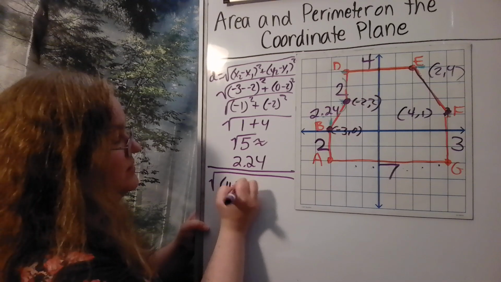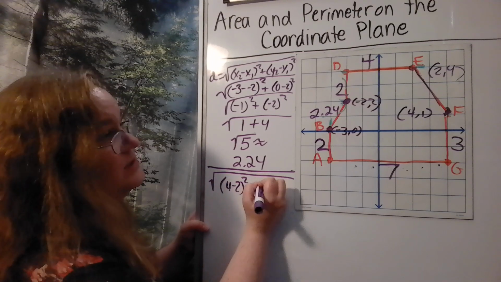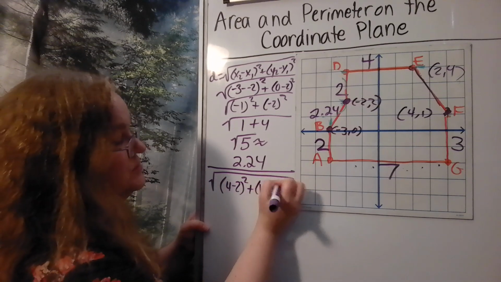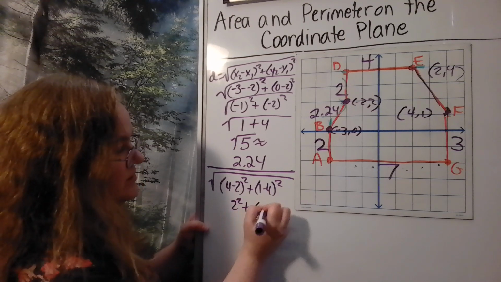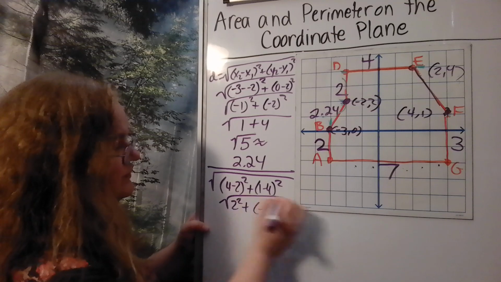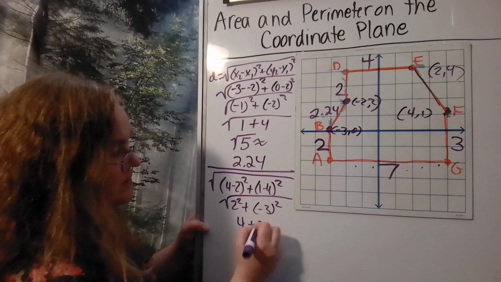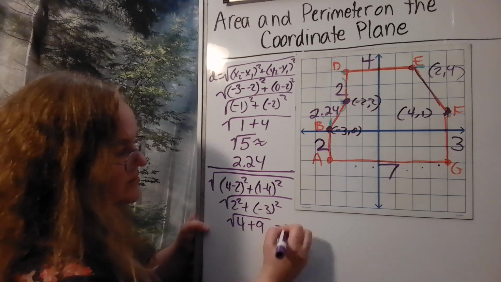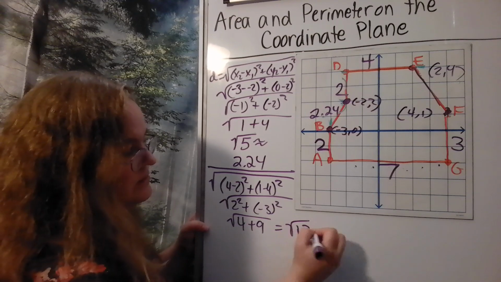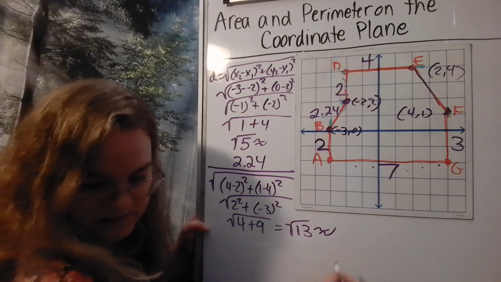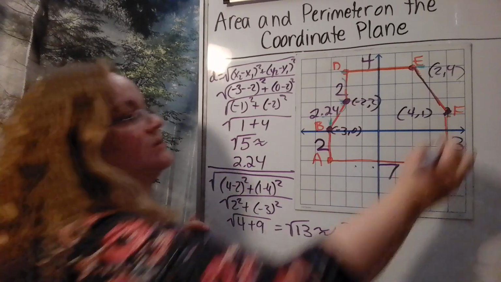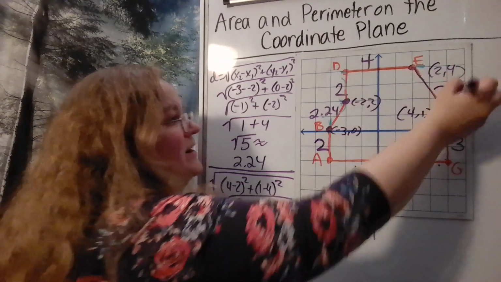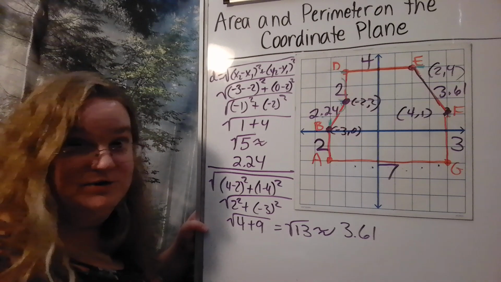So 4 minus 2 squared plus 1 minus 4 squared. And so that gives me 2 squared plus -3 squared. So basically 4 plus 9. So I'm looking at the square root of 13, which is approximately 3.61.